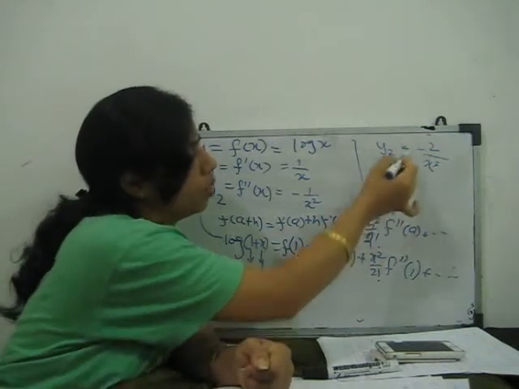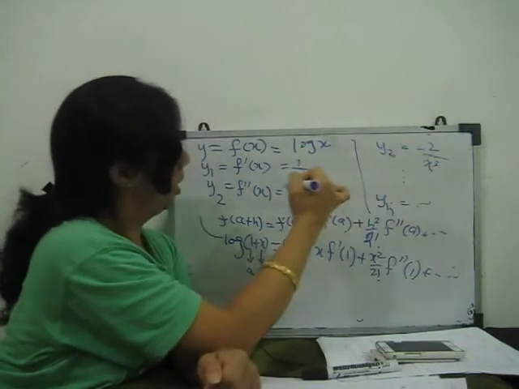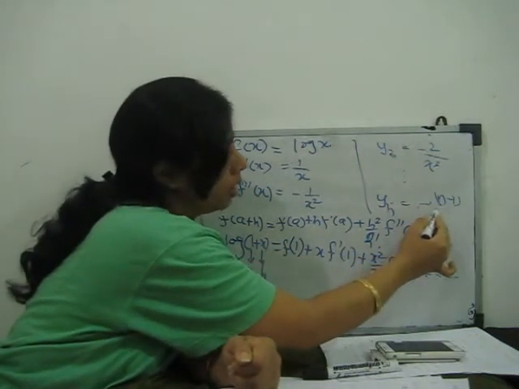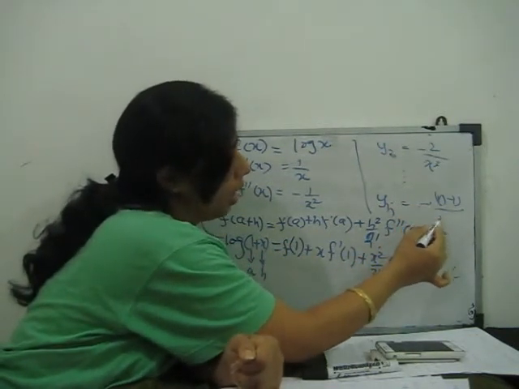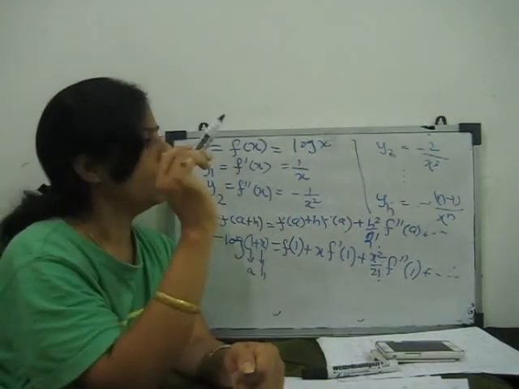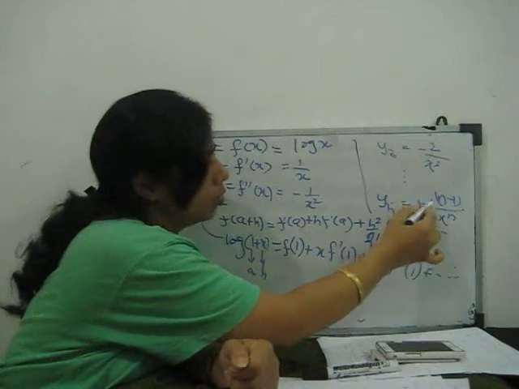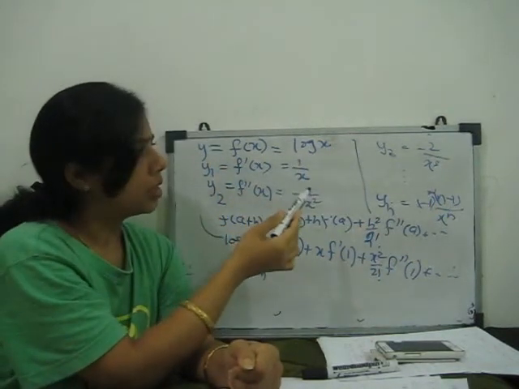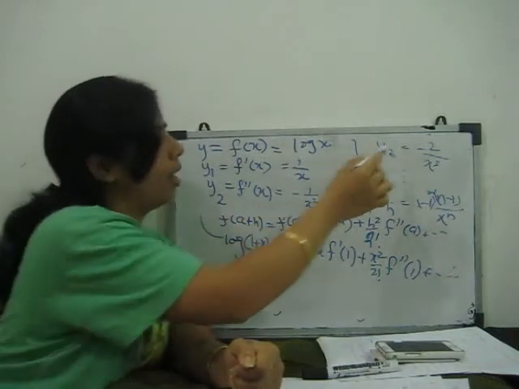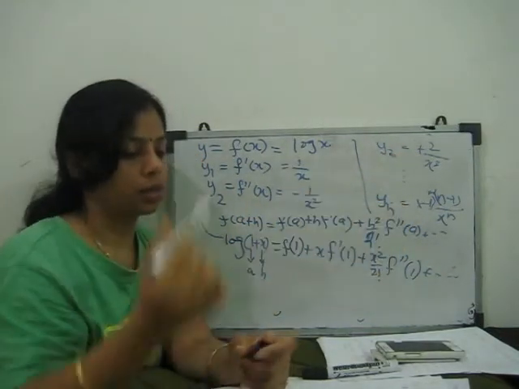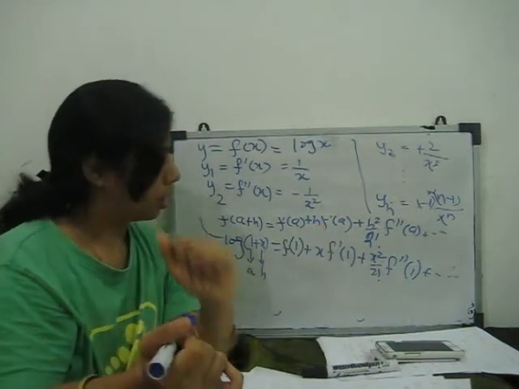So yn is minus 1 to the power n minus 1 times factorial n minus 1 upon x to the power n, because the signs alternate: minus, plus, minus, plus. So this is the general term.